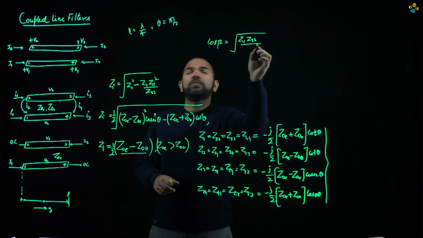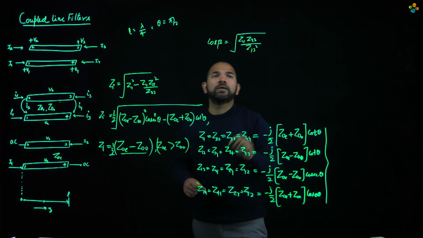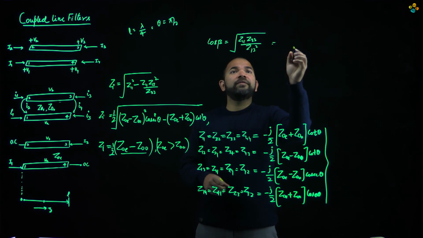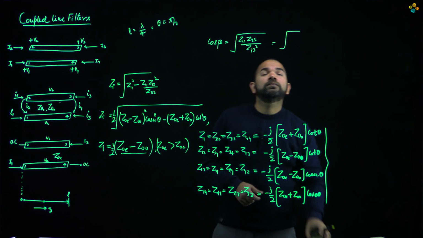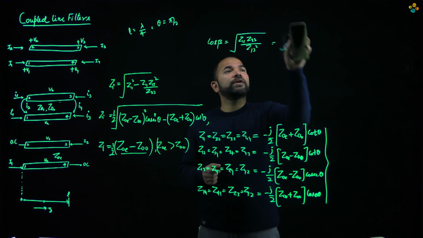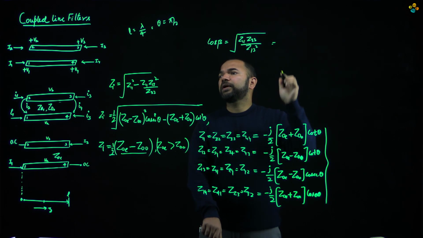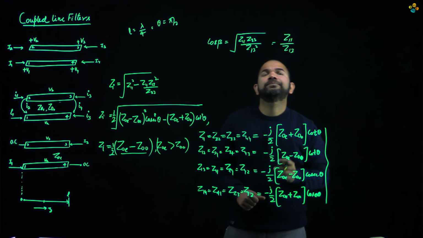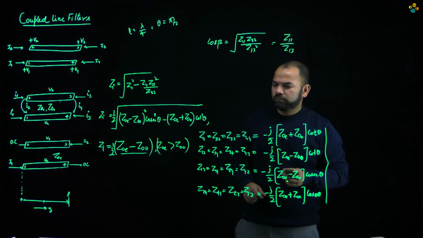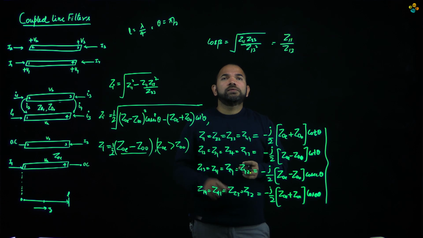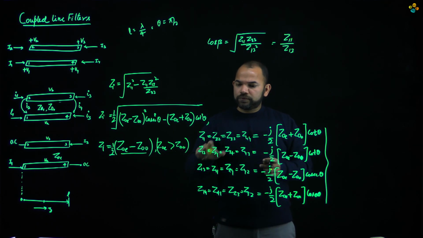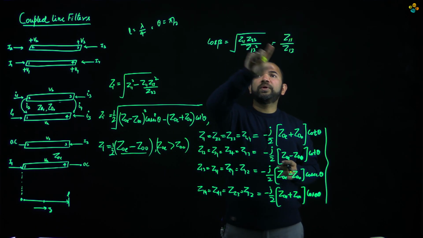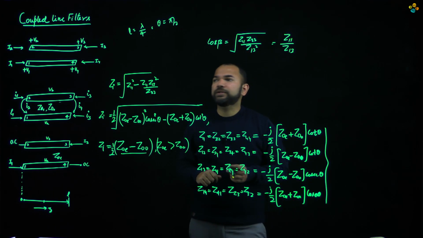We have given a proof of this earlier. Due to the symmetry, there is no square root, so we can directly write cos of beta equals Z11 divided by Z13. Okay. Z11 is equal to Z33, so this is the way we can write it.